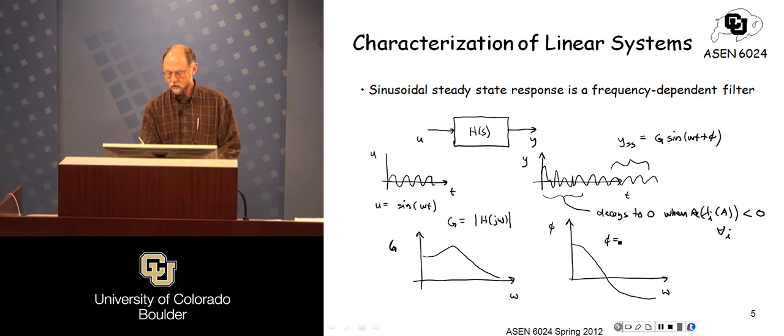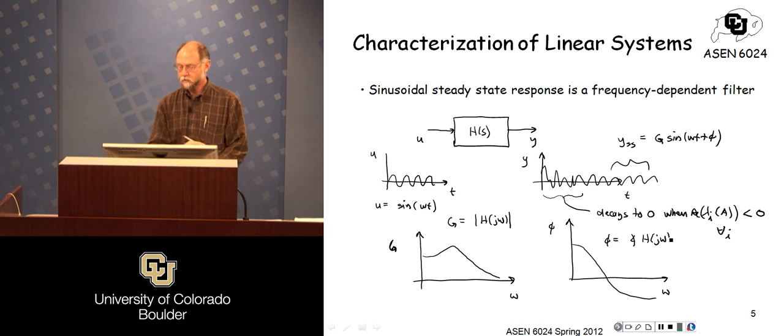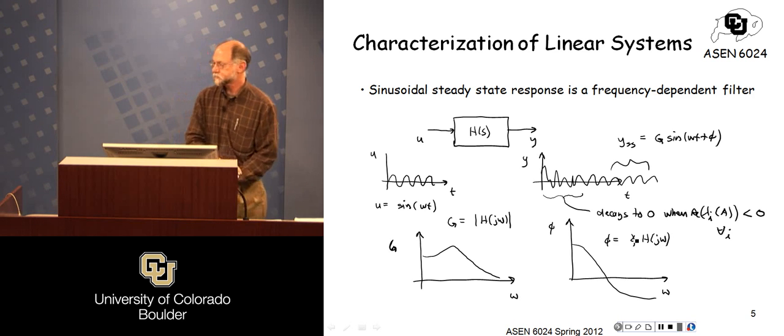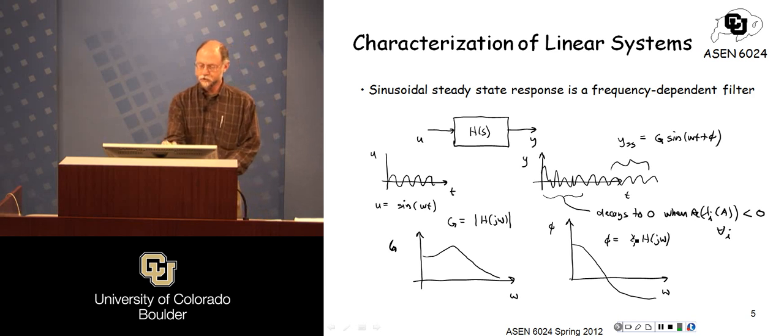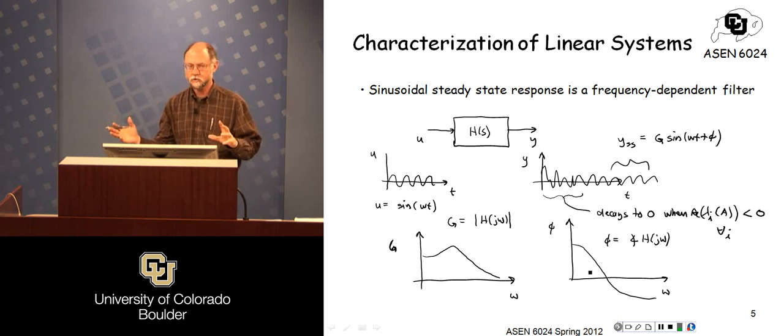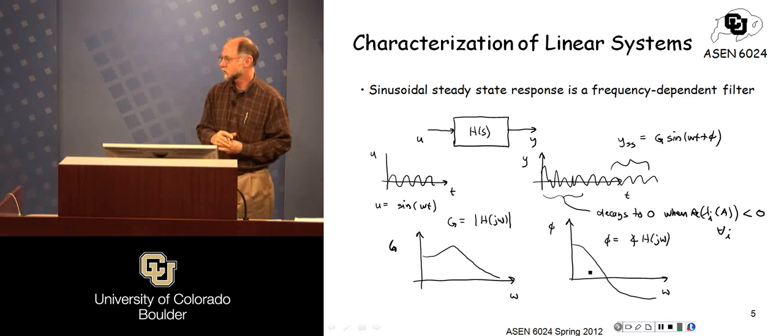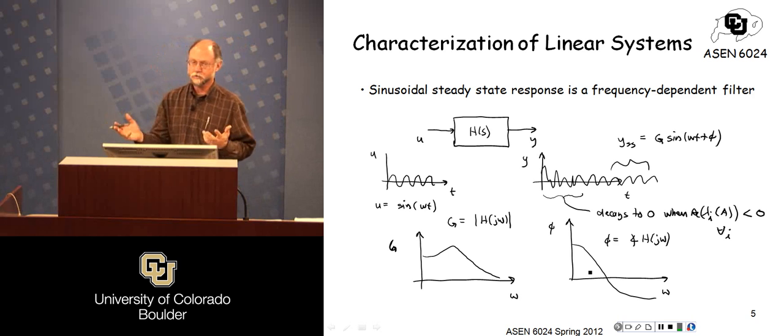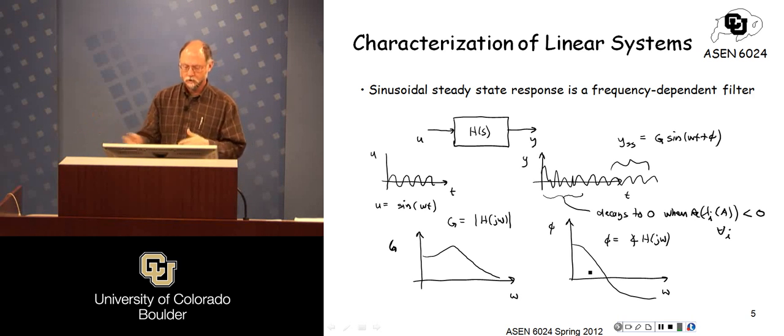And phi is the angle of this complex number h of j omega as a function of frequency. So if we have the transfer function, it's straightforward to compute the magnitude and the phase of that frequency response at each frequency, and you can get these curves, G and phi, like this. So you have this big picture view for all possible input frequencies. How does the system behave? This is very unusual for most systems. Only for linear systems can we get such a comprehensive view of how all frequencies affect it, with just simple plots like this simple frequency response plot.